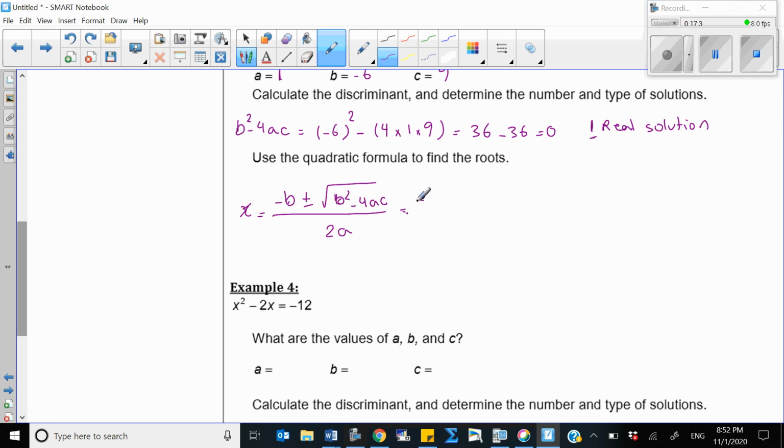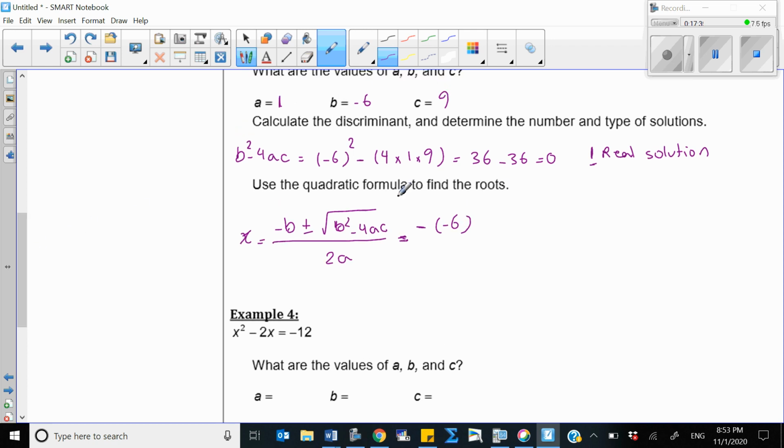So I'm going to write negative times b, which is negative 6, plus and minus our discriminant, which we already solved and was equal to 0. So I just write that here under the square root. And then in the bottom we have 2 times a, which is 1.